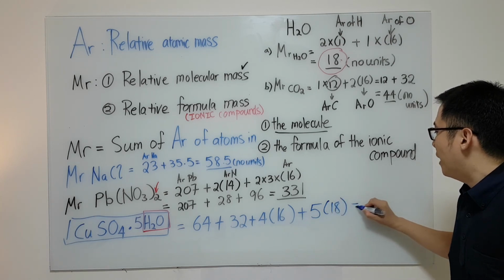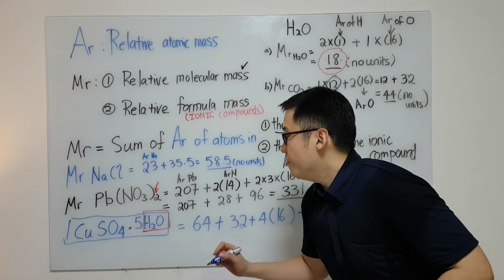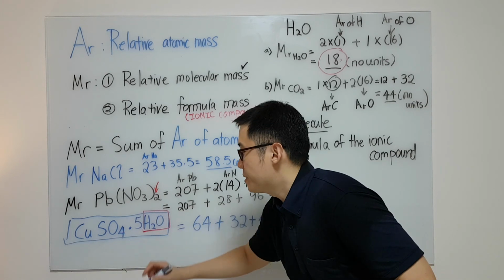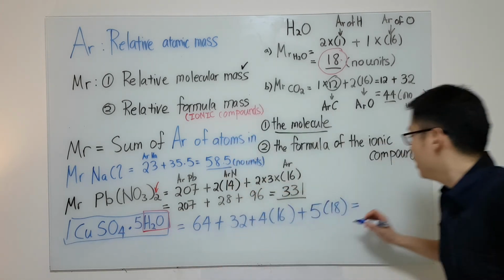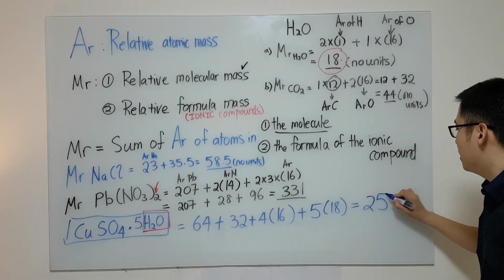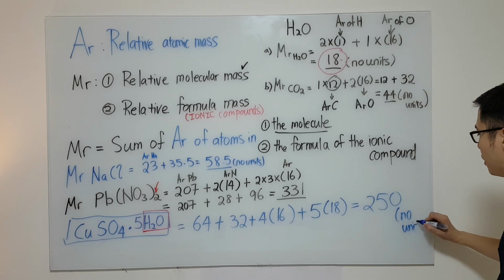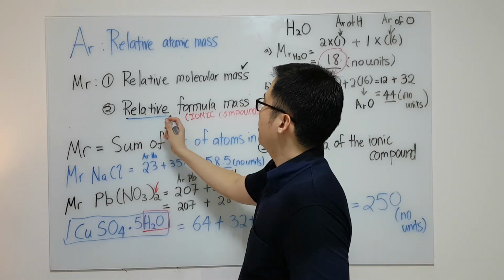Once you press the calculator, students, you will find that the relative formula mass of this copper sulfate along with the water of crystallization is actually 250. And again, take note, no units, because we are talking about relative.